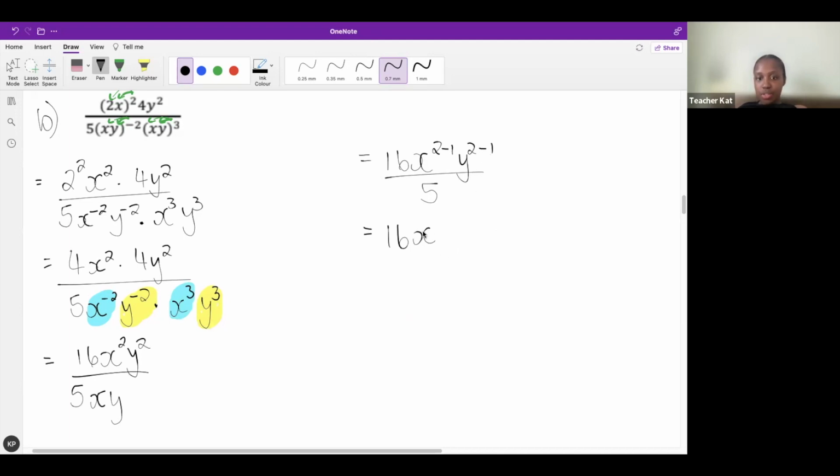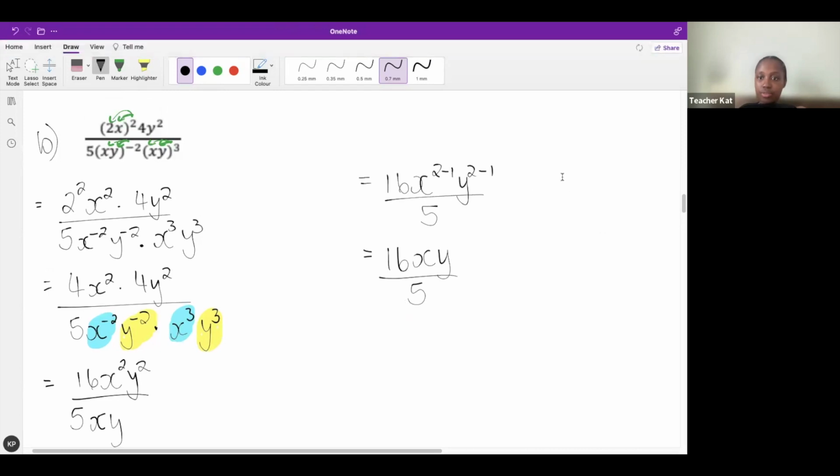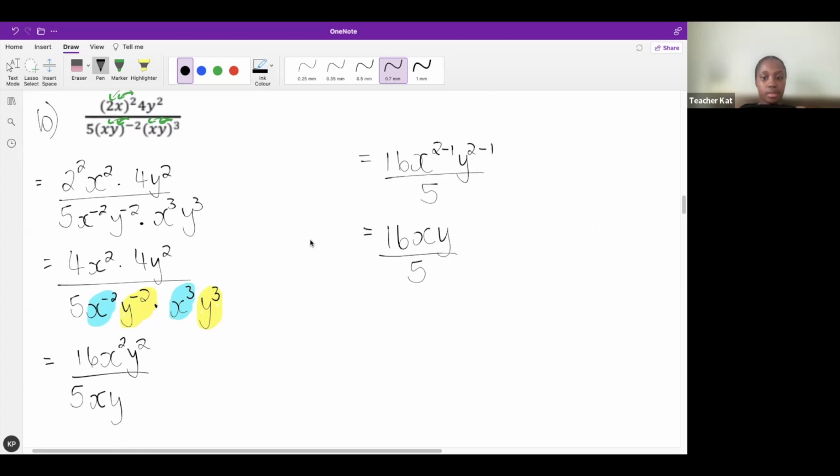Again, 2 minus 1 is just 1, so it'll be just y over 5. Wonderful. Okay. Hopefully we're all still with me here. All right, screenshotters, have we done our thing? Okay.